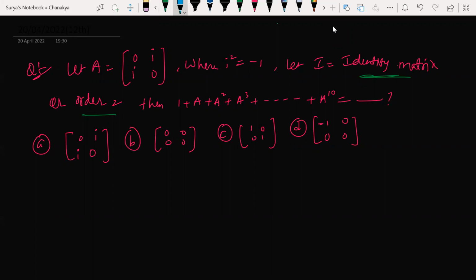Look at this here. A matrix is given to you. What is A square?